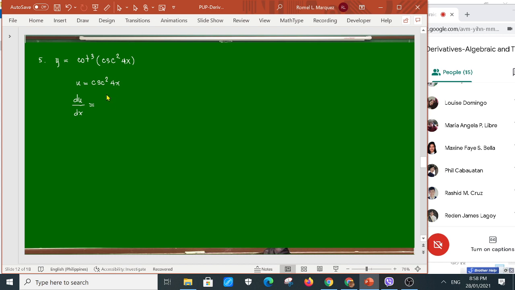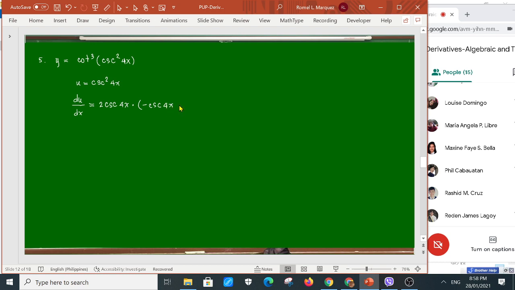What is the derivative of that? Rashid? Negative. I drop the exponent. Copy the base. Subtract 1 from the exponent. So, cosecant 4x. Then, derivative of the base. What is our base, Rashid? Cosecant 4x. Okay? What is the derivative of cosecant 4x? Negative cosecant 4x.